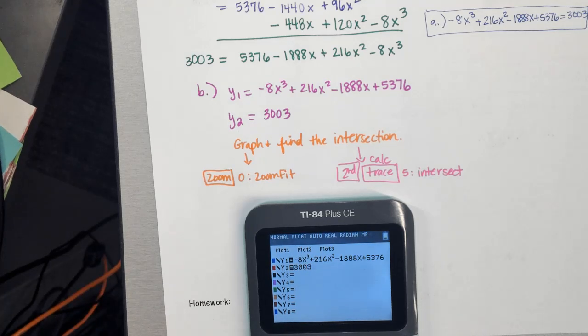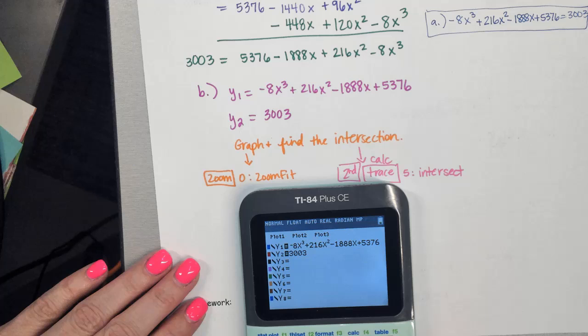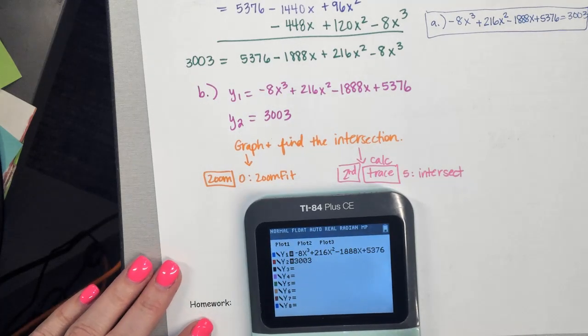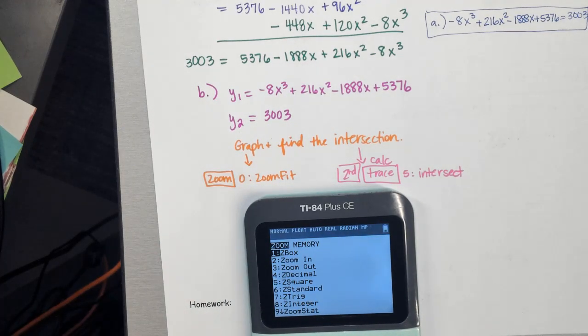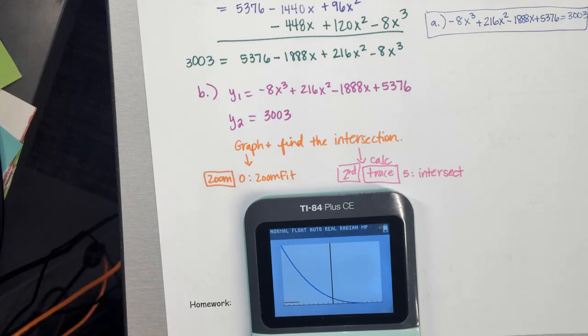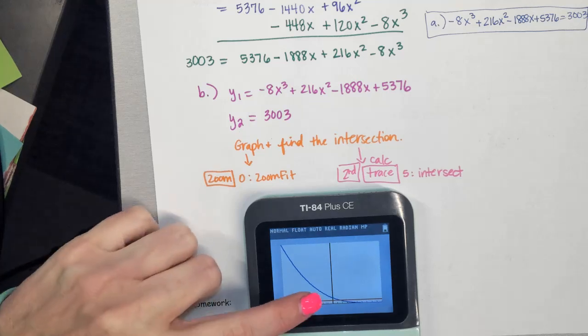Okay, then once you get those two in, let's go to zoom and option 0. Okay, so what you want to see is that intersection of the lines, okay?